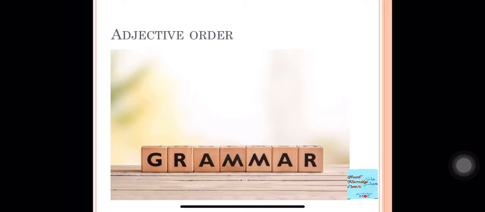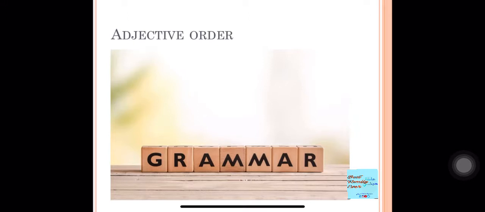So sometimes when you want to describe these things, you have many adjectives that you want to use to describe these things, all right? But you have to know that there is a specific adjective order that you have to follow when you want to describe something, all right?